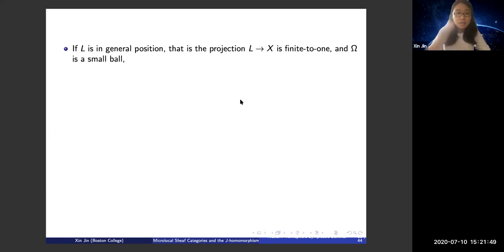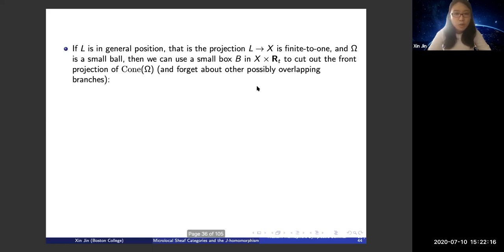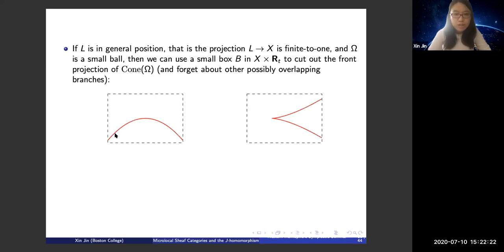However, for our situation, for this Lagrangian, there's a more explicit definition of this musheaf of omega. So we'll do the following. If L is in general position, that is, we assume that the projection of L to the base X is everywhere finite-to-one, and we take our omega to be a small ball, then in this front projection of the conic lifting, we can use a small box of this form.